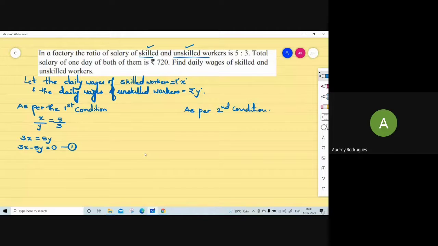As per the second condition, the total salary of one day of both of them, one day for skilled is x and for unskilled is y, their total salary is 720. So we have x plus y is equal to 720. Condition 2.